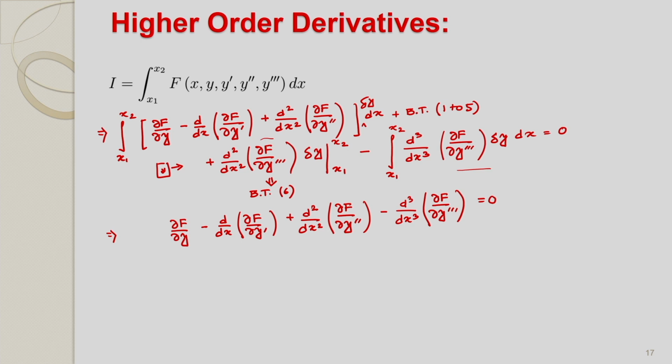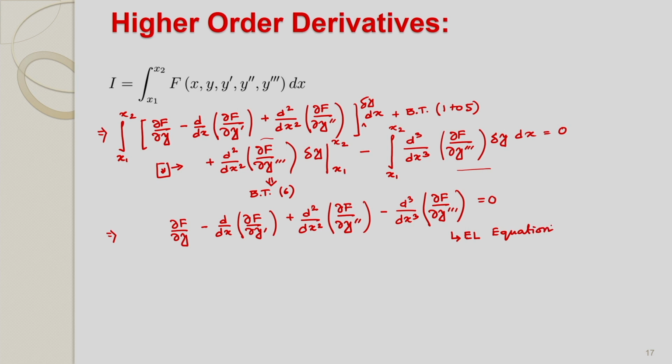So we have used the arbitrariness of delta y to write this combined integrand to be 0, which is the governing differential equation or the Euler-Lagrange equation.